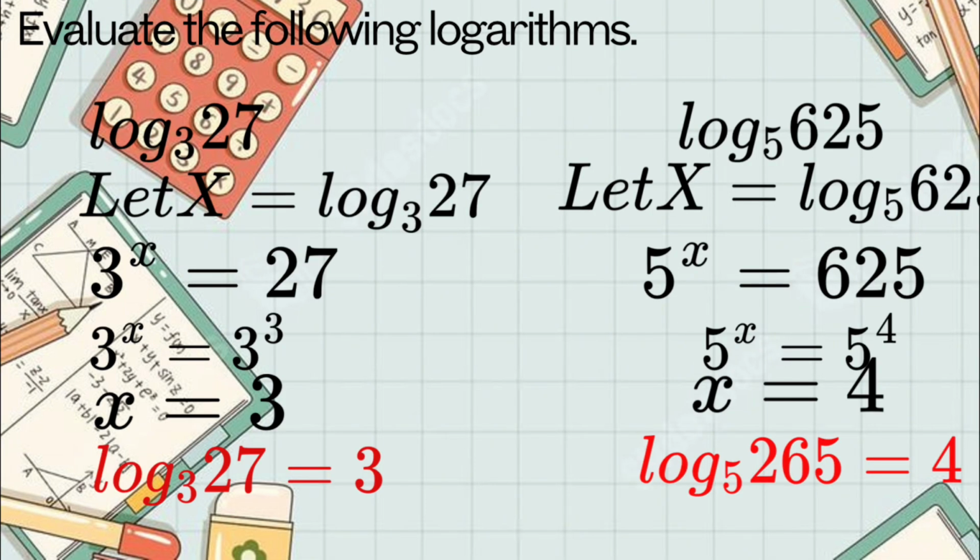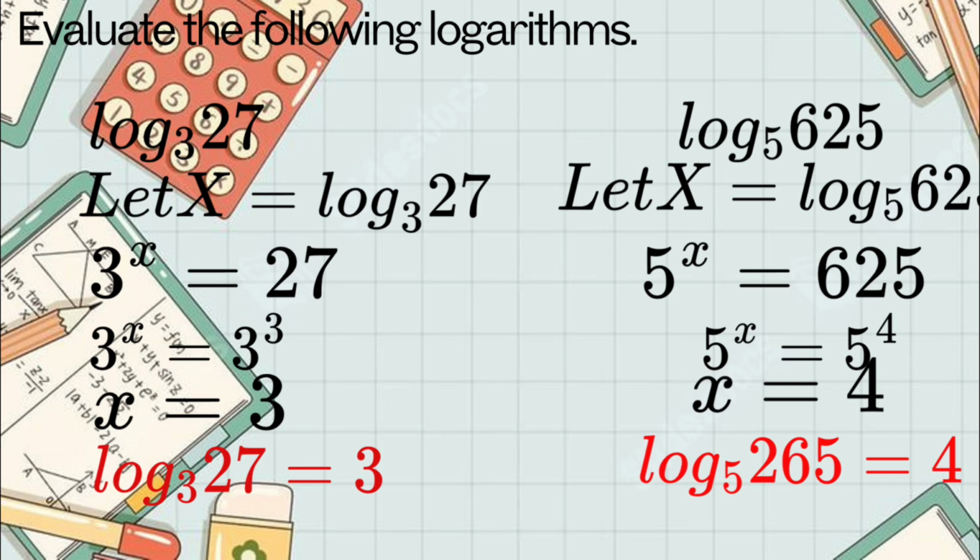Evaluate the following logarithms. For example, we have log 27 to the base 3. Let x be equal to log 27 to the base 3. So we have 3 raised to x is equal to 27. 3 raised to x is equal to 3 raised to the power of 3.